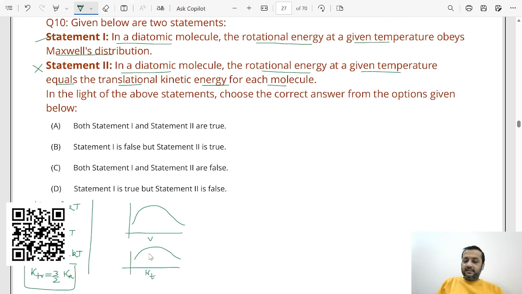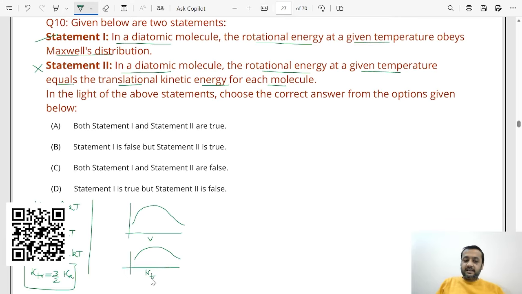Mathematically the function will change, but look-wise the graph will be somewhat like that only. So whether you draw the number of molecules versus the speed or versus the kinetic energy, the graph will visually look the same.